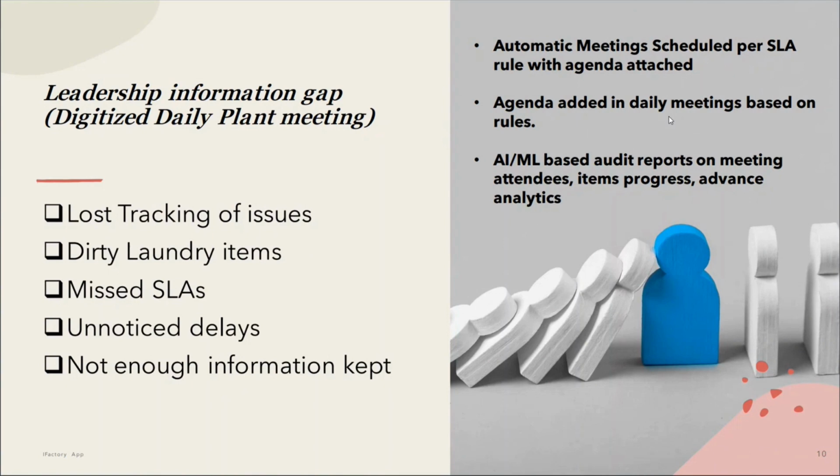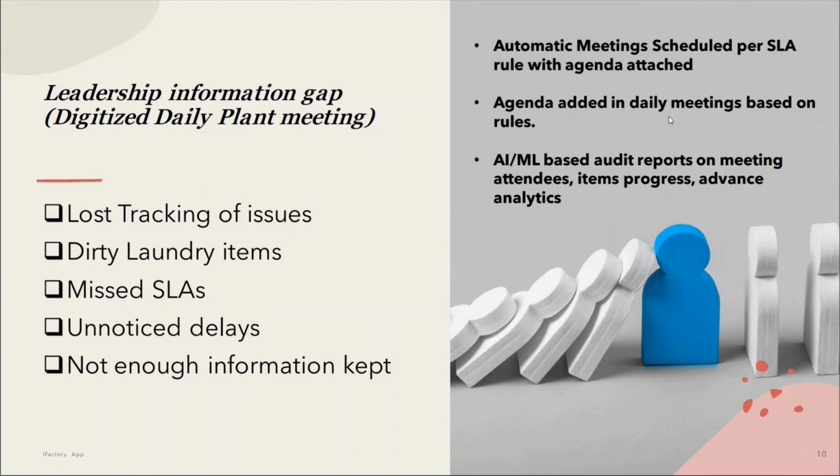But what after that? Maybe that issue needs to be handled by a different department, or perhaps it requires more attention from the plant management, to do something more. But there are so many items across the plants, who would take them forward? Well, the information system will take care of it automatically.